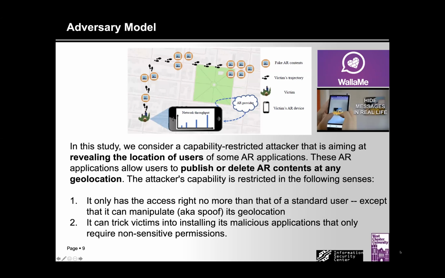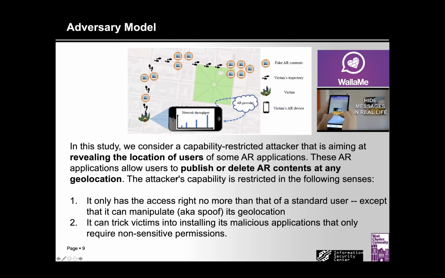In this study, we consider a capability-restricted attacker aiming at revealing the location of users of some AR applications. As you can see, here is our adversary model. We consider that the adversary only has access rights no more than those of a standard user.